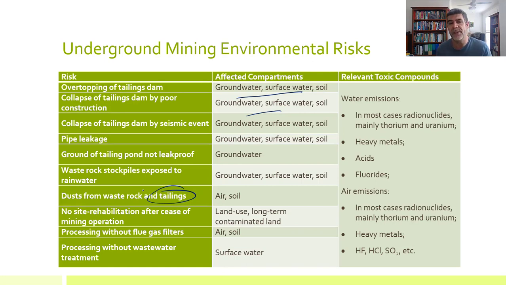So there's a lot of things that are part of the environmental risk management that comes with the processes of mining generally, and a few of those which are exacerbated, I guess, by underground mining. When we're talking about water emissions, water is often used to make slurries that can be part of separation processes, and so radionuclides, in particular thorium and uranium, can be part of the emissions in water.